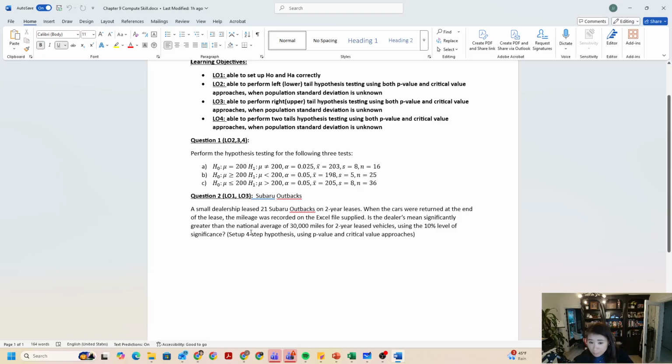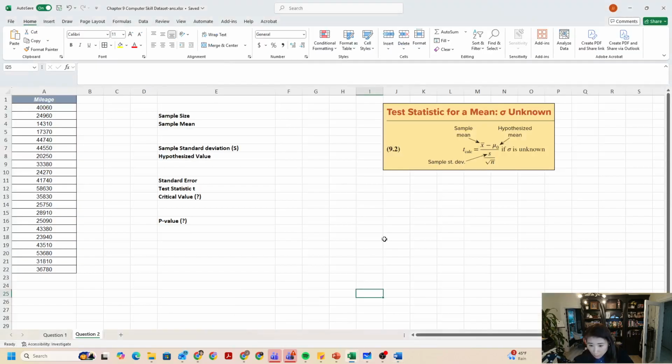Since it's not two-tail, we need to define if it's left tail or right tail. As you read here, the dealer's mean is significantly greater than the national average. So what you are trying to test is whether mu, the mean, is greater than 30,000. Remember, there are two hypotheses: which one is H0 and which one is H alternative?